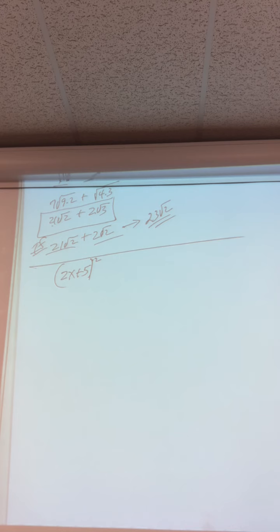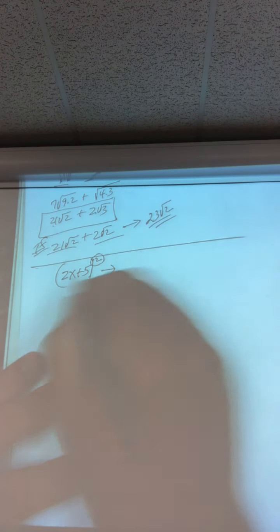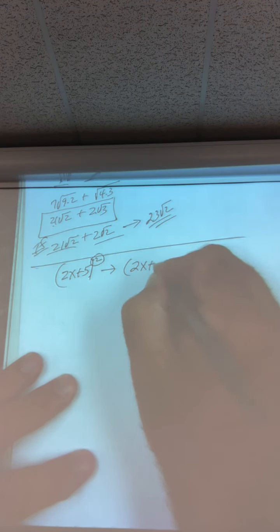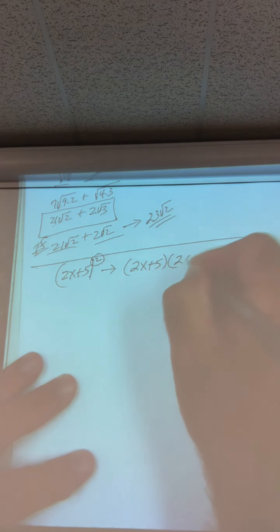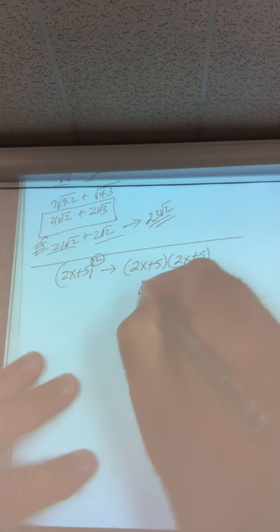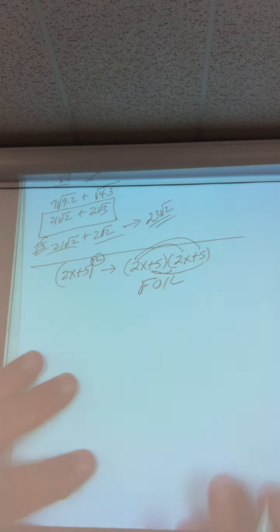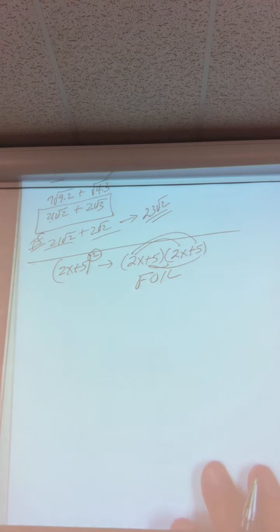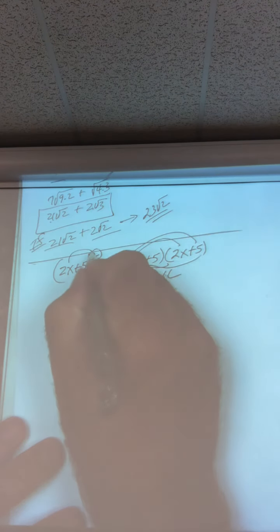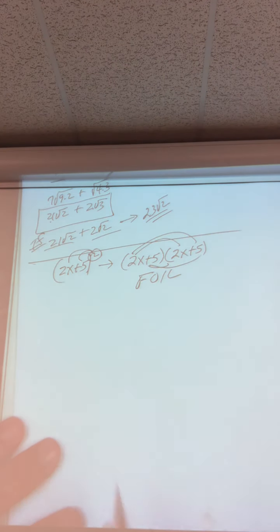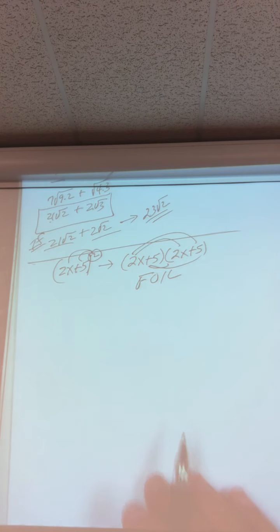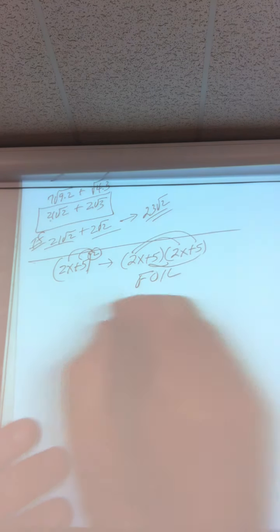Now, I showed you a shortcut on how to do this, but I told you if nothing else, you could square this binomial by writing it out twice and then using the FOIL method. Now, what did I tell you you could not do? You cannot just square the first term and square the last term. You have to write it out twice and do the FOIL method, or you can use that shortcut method that I showed you if you remember how to use that. Now, let's look at one more example.